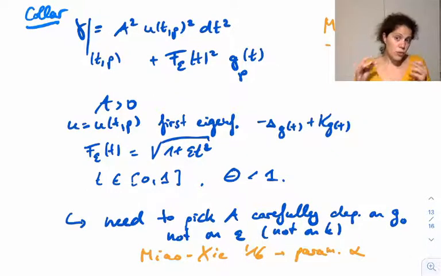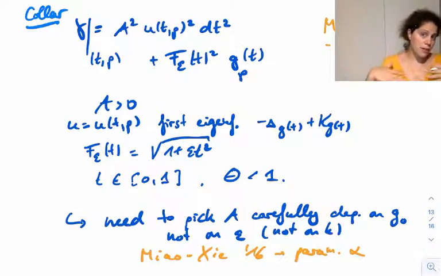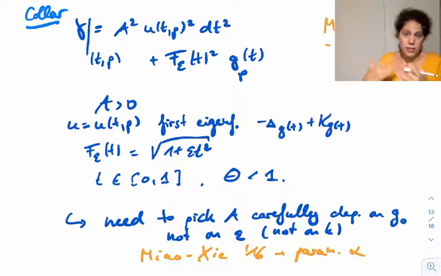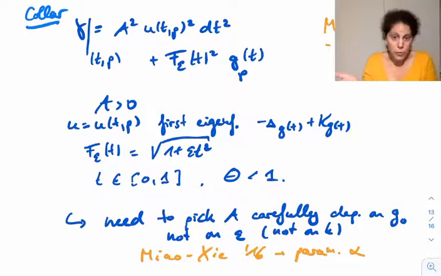That's all we need to do. The A can be picked independently of epsilon. This eigenfunction mu doesn't depend on epsilon to begin with, and this f_epsilon depends on epsilon in a very obvious way.